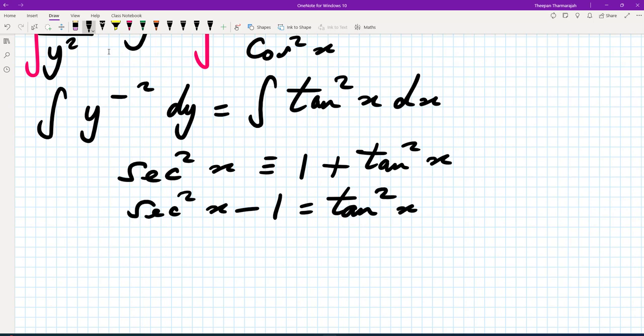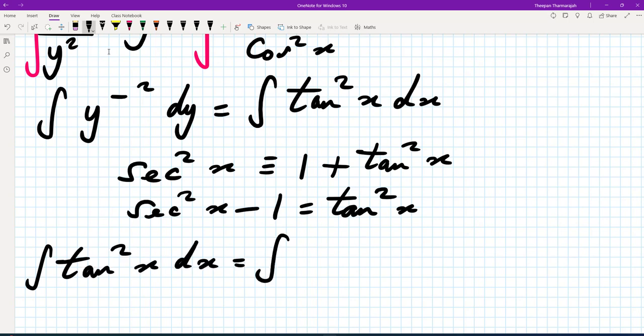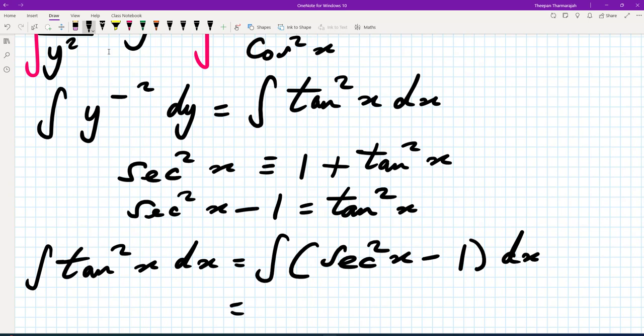So I'm going to replace that: the integral of tan squared x dx is identical to the integral of sec squared x minus 1 dx. So these are all integrable functions now. Sec squared x integrated is tan x, and 1 integrated is simply x.